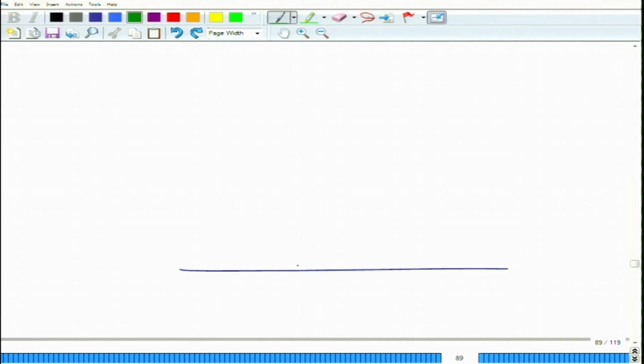So, x of 0 is sin 0, which is 0. x of 1 is sin pi by 2, which is 1. x of 2 is sin of pi by 2 into 2, which is sin pi, which is again 0. I am talking about x of n, yeah, and x of 3 is sin of pi by 2 into 3, that is sin 3 pi by 2, that is minus 1.